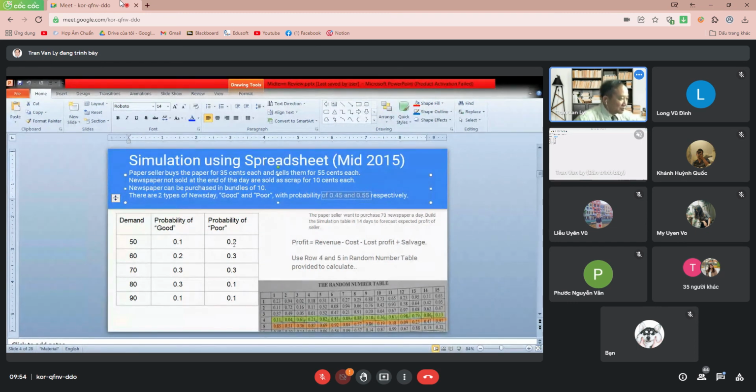So if the seller wants to purchase 70 newspapers a day, you need to build a simulation table. We call it the manual simulation, to see the profits on this day. For sure, we need the random numbers.